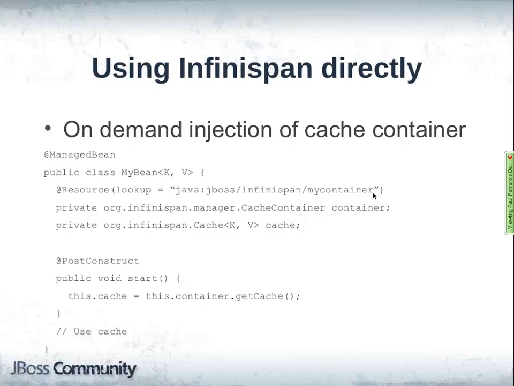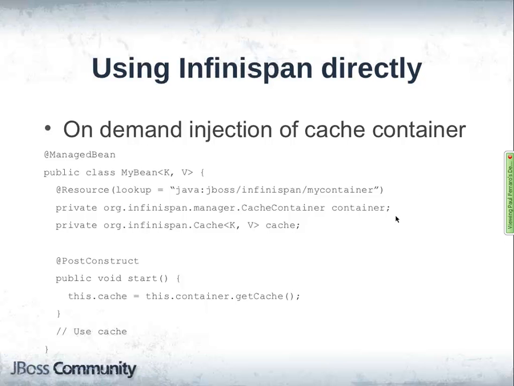So this cache container isn't necessarily started until the application which contains this managed bean is actually deployed. And as you can see here in my post construct, I actually get the cache, which will start the cache if it's not started already. So when this application is undeployed, this cache manager or cache container, I use the two synonymously, gets undeployed along with any of the caches that it started.